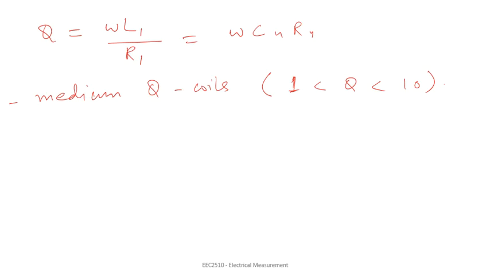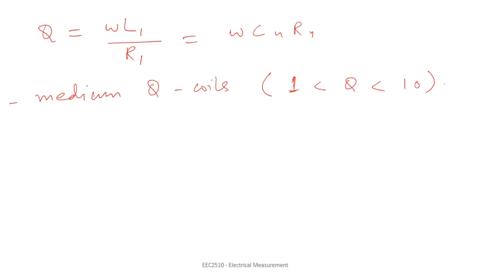The usual procedure for balancing this Maxwell's bridge is first adjusting R2 for inductive balance, and then adjusting R4 for resistive balance. This is the usual procedure.